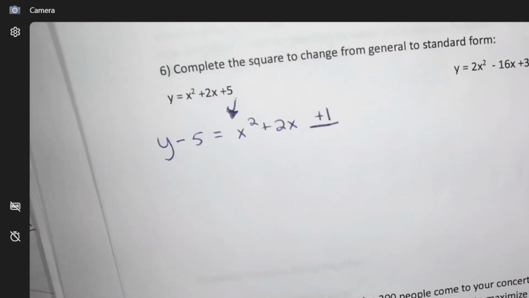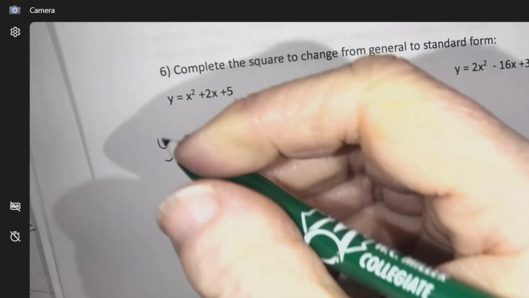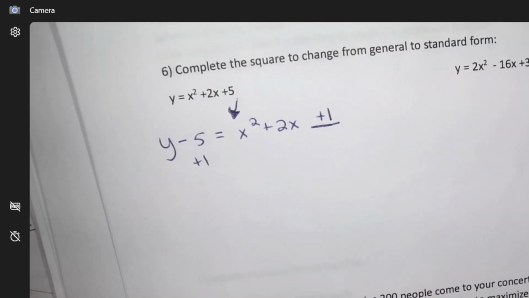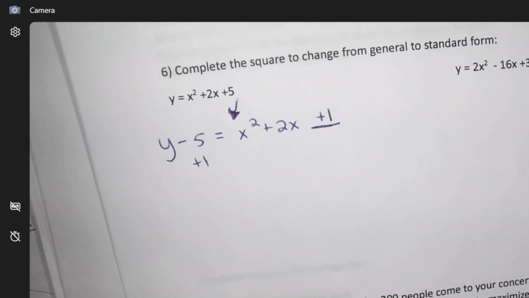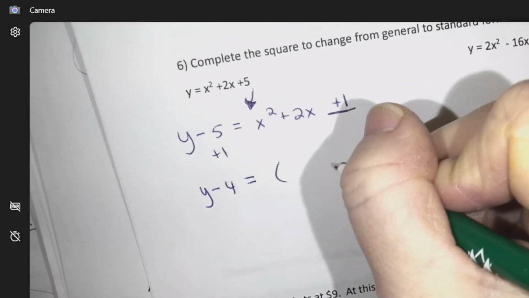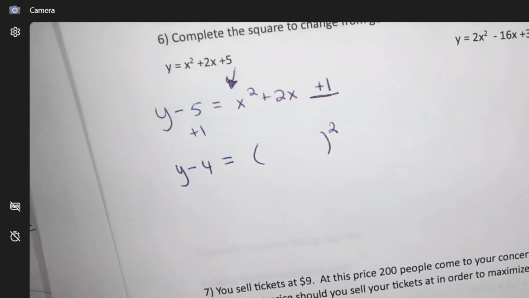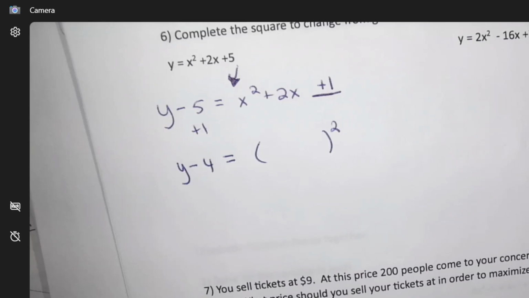Okay. Now you have to remember that that just wasn't there. So my teeter-totter, not good. I'm going to bounce it back out. So I'm going to do the same on the other side. So y subtract 4 equals a perfect square. So what would FOIL to that trinomial?